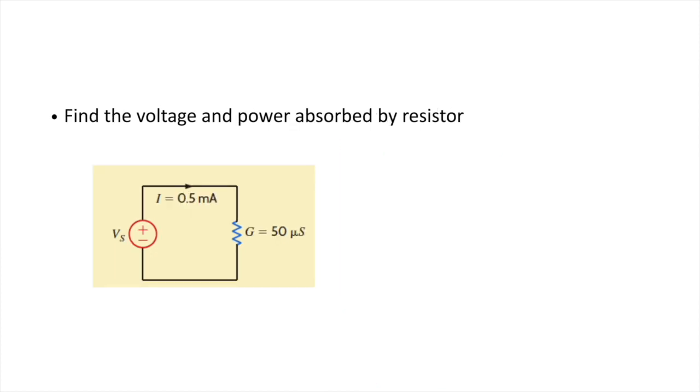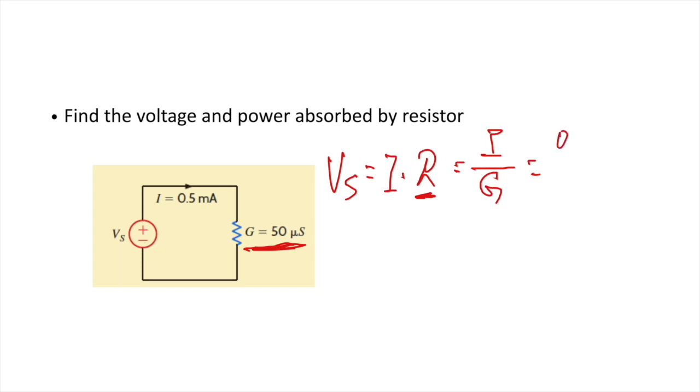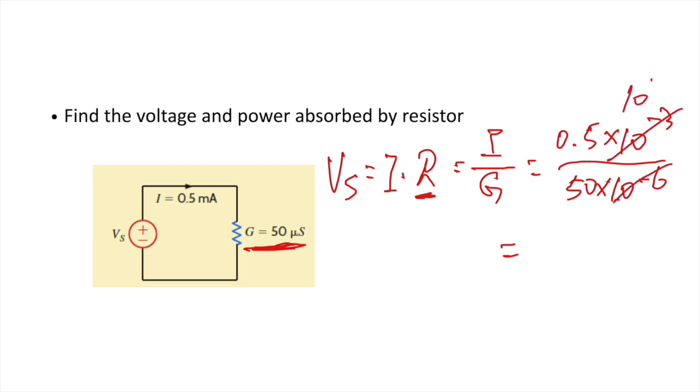In the third example, we use the conductance, not resistance. Vs equals I times R, but we do not use R, we use G, so that is I over G. By plugging in the numbers, Vs equals 10 volts.